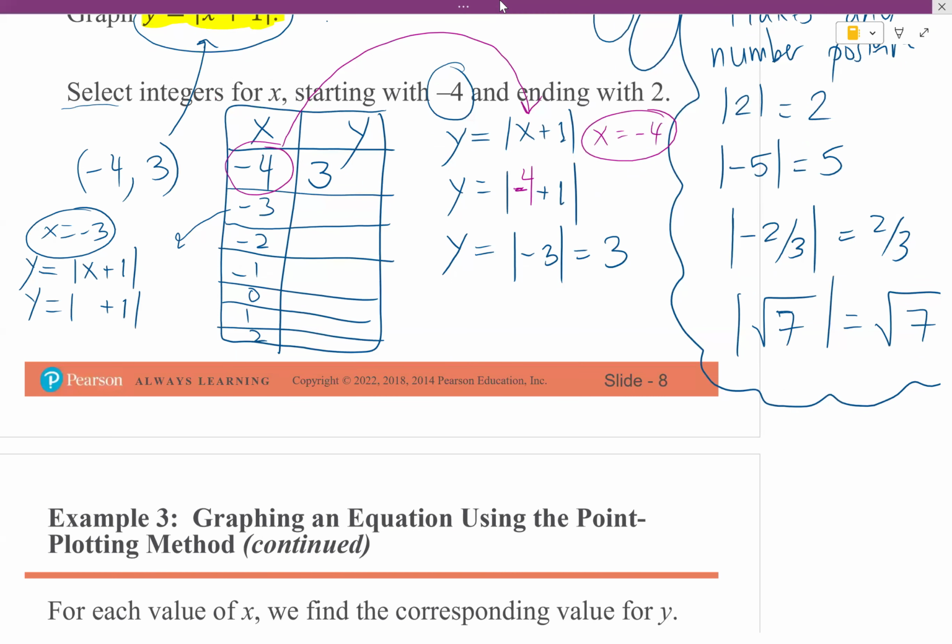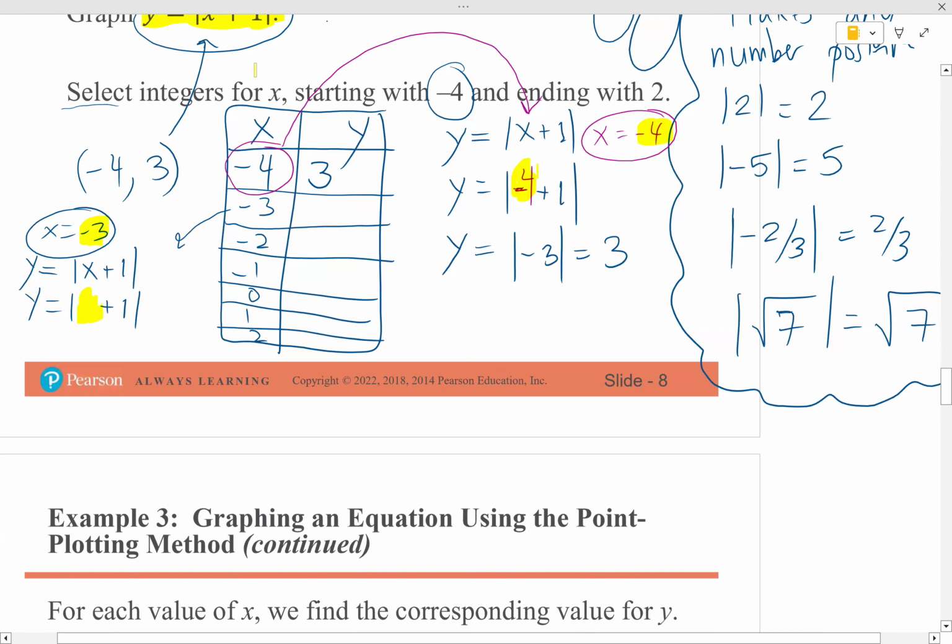Once you feel comfortable, you can always do this in your head too. This part I'm writing out, you don't have to write it out if you don't want to. Just be careful if you do it in your head. I'm going to combine the numbers inside first. -3 plus 1 is -2. The absolute value of -2 is +2. So that must be the y value for the second point.